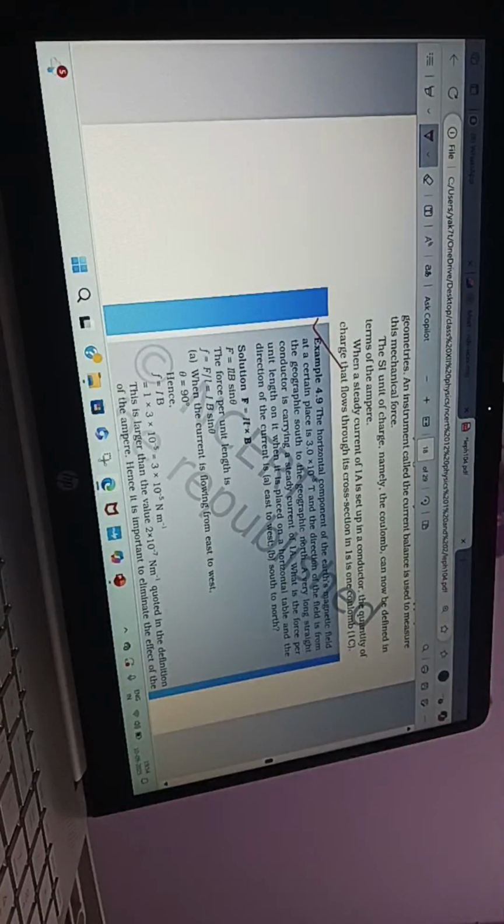The horizontal component of the Earth's magnetic field at a certain place is 3 into 10 to the power of minus 5 Tesla, and the direction of the field is from geographic south to geographic north. A very long straight conductor is carrying a current of 1 ampere. What is the force per unit length on it, if the current flows from east to west?